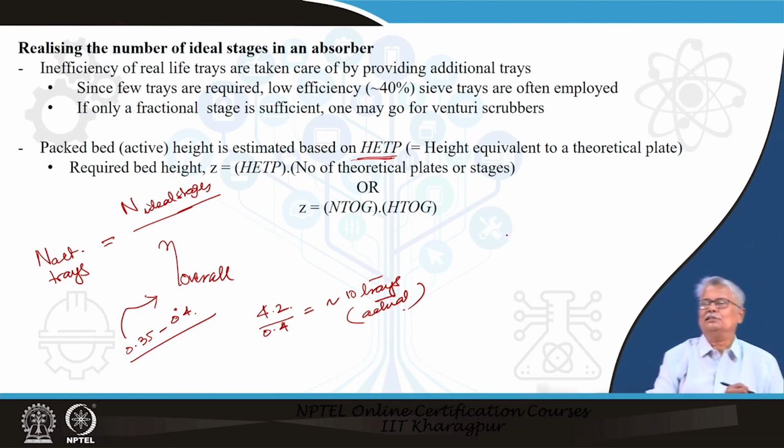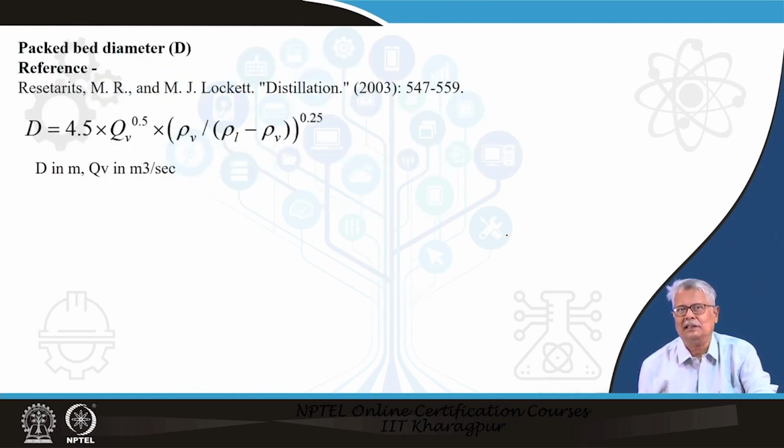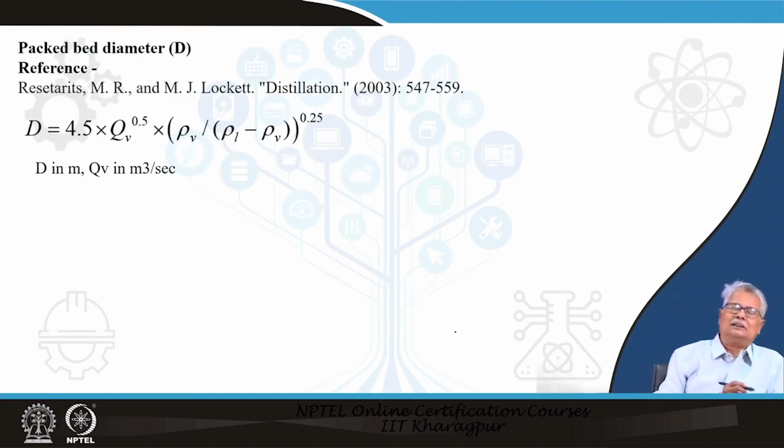So what we could say here in this particular case is that my depth of packing should be 4.2 times HETP. Now remember, this already has the cushion of HETP because it's the height of the real packing, the active packing length for the transfer. Now there is something here. Height equivalent to a theoretical plate is basically a practical estimate.